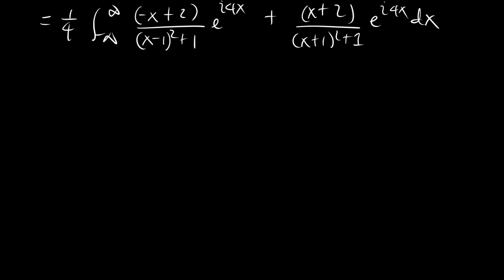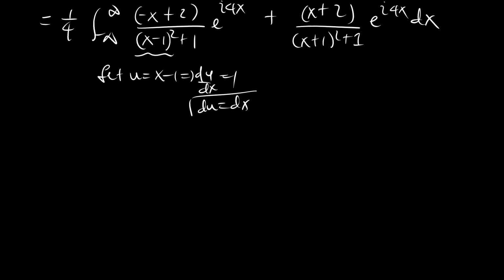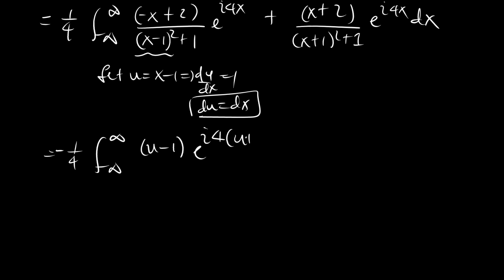So we could say in this situation, let u be equal to x minus 1 such that du/dx equals 1, and so du is equal to dx. Okay, so the first term of the integral becomes, we can pull the negative out so that we have u minus 1 e to the negative 4, and we have u plus 1 here over u squared plus 1 du.